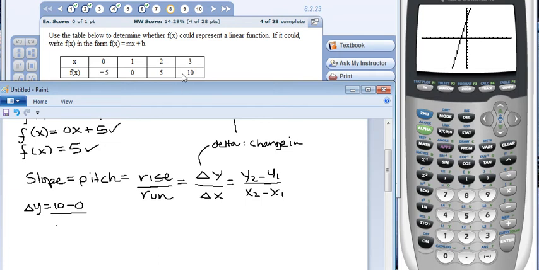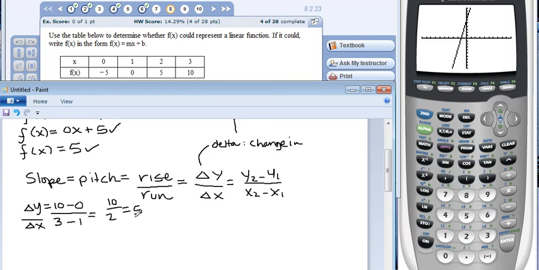So I'm going from 10 to 0, and now I'm going to go from the same points in the same direction, but with my x values, 3 and 1. So I have 3 minus 1. That's my change in x. 10 minus 0 is 10. 3 minus 1 is 2. 10 divided by 2 is 5. So far between those 2 points I have a slope of 5.